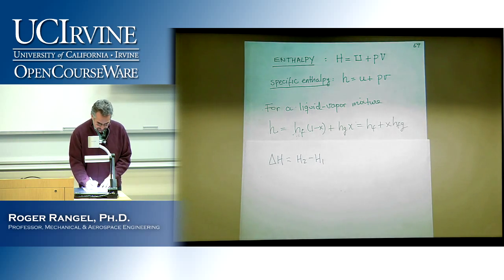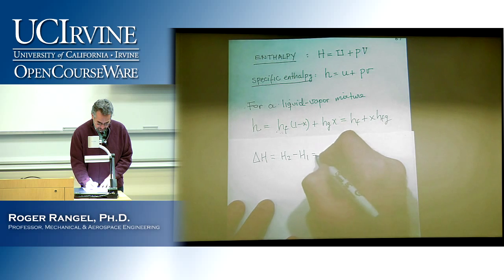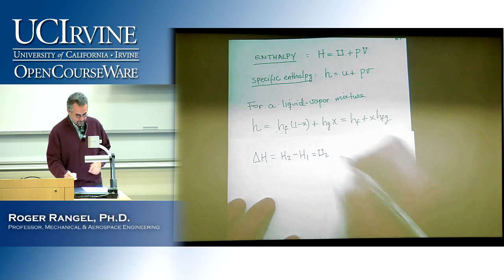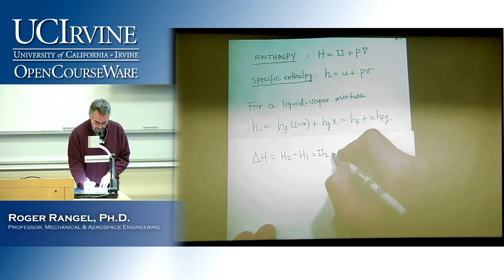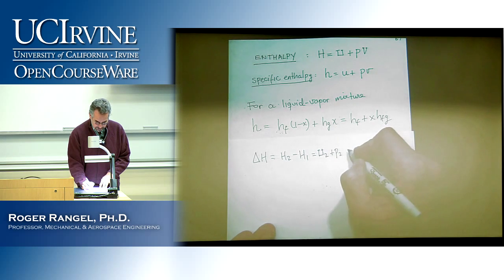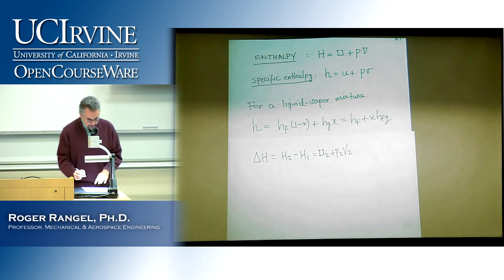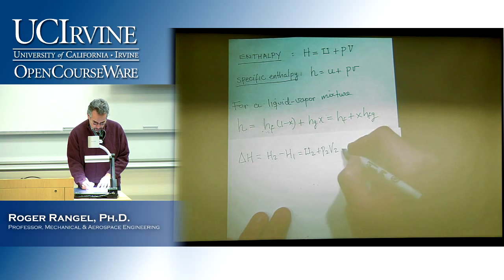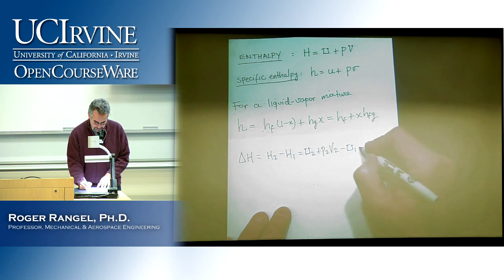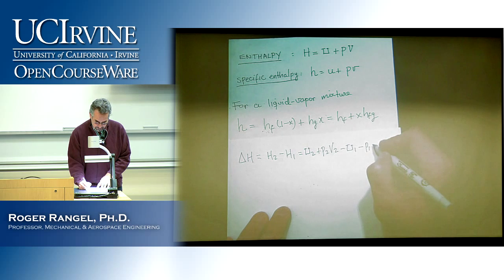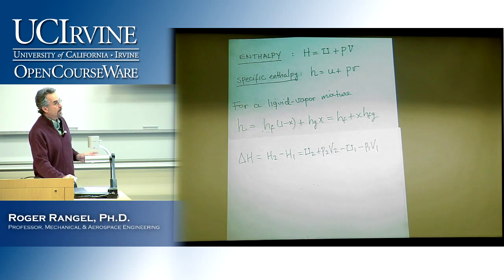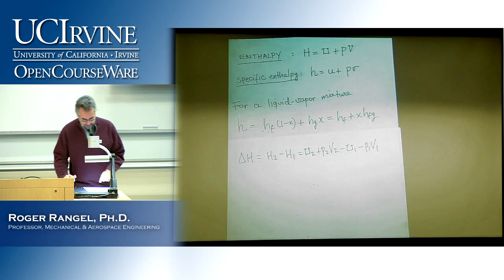Right? And then if I use the definition, this is U2 plus P2 V2, and then minus U1 minus P1 V1. That so far is a general result.